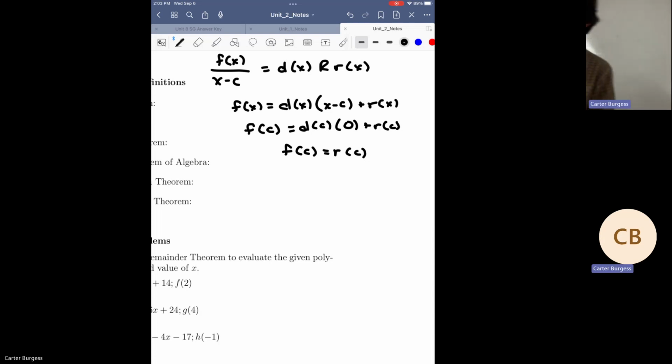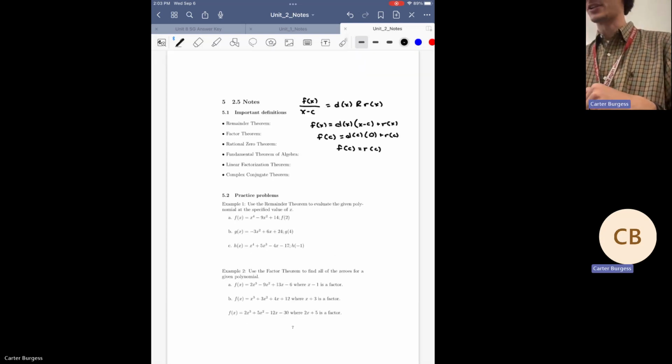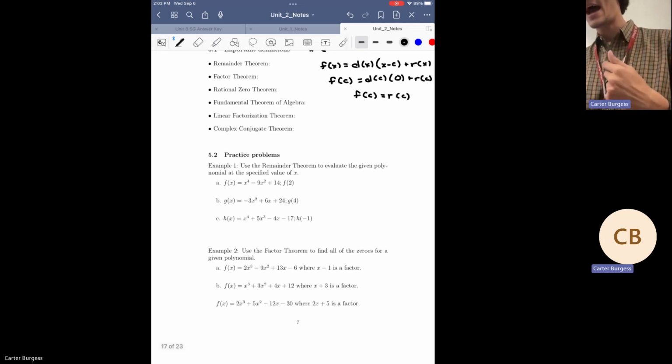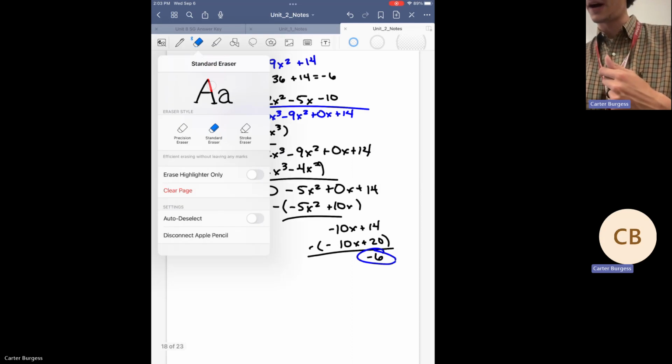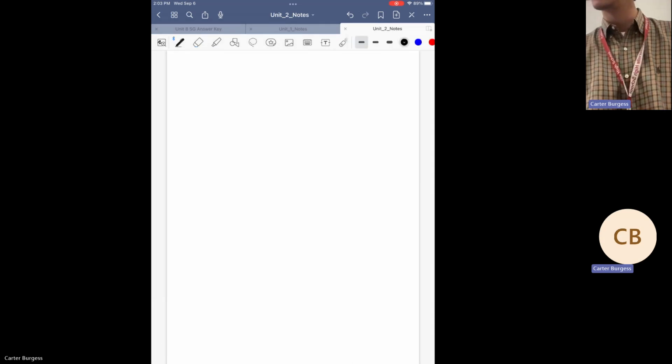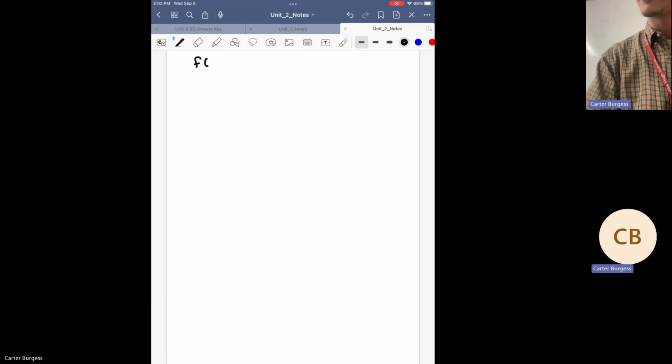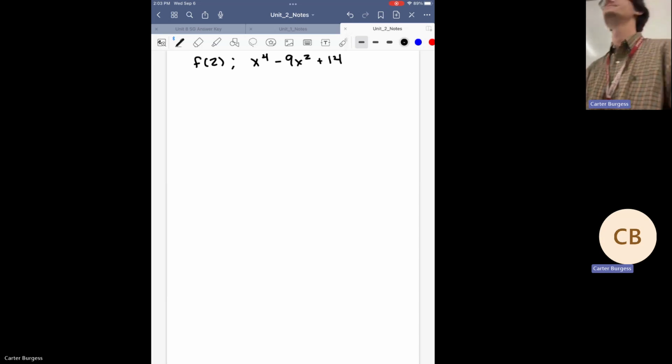Okay, so let's see this in action. Looking at 1a, we are trying to find our function evaluated at 2, where our function is x to the 4th minus 9x squared plus 14.